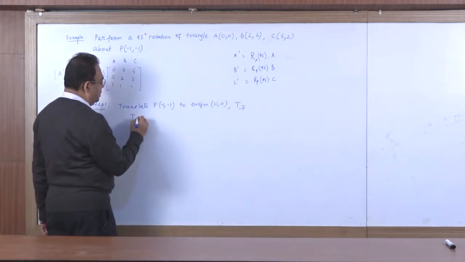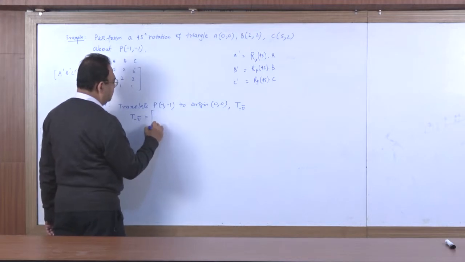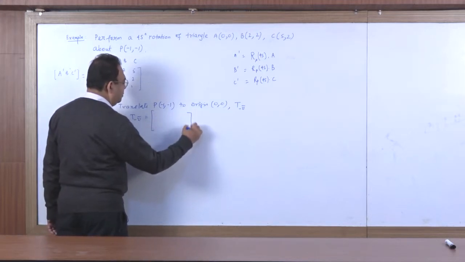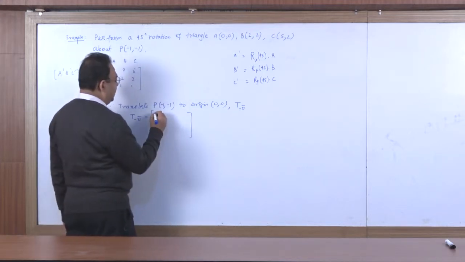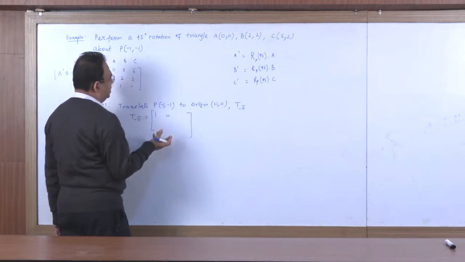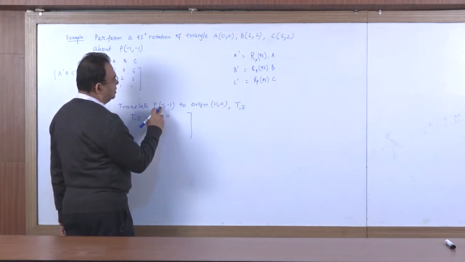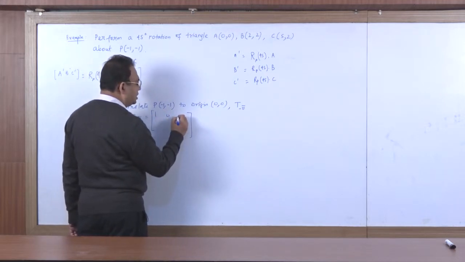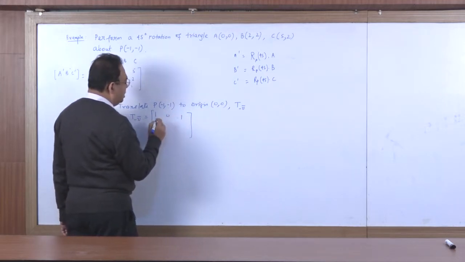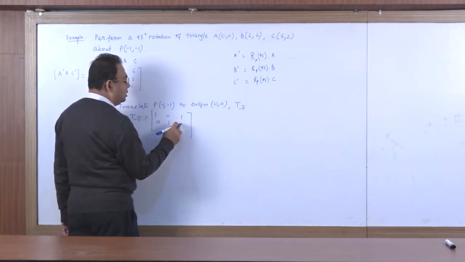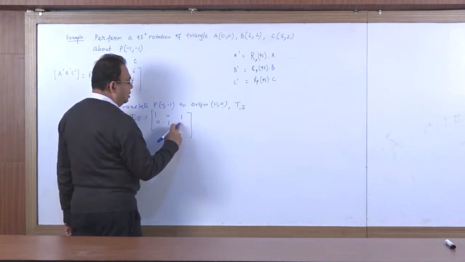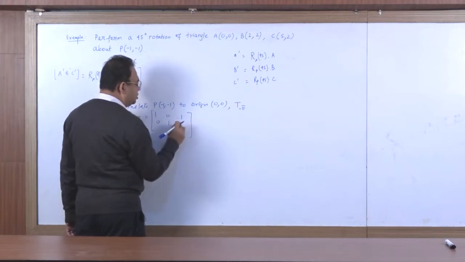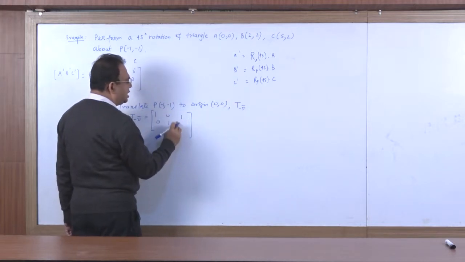T minus V is nothing but the matrix with 1, 0, minus Tx, where Tx is -1, so minus of -1 is 1. Then 0, 1, minus Ty, and minus of -1 is 1, and 0, 0, 1.